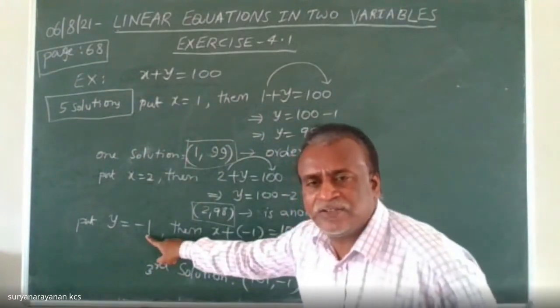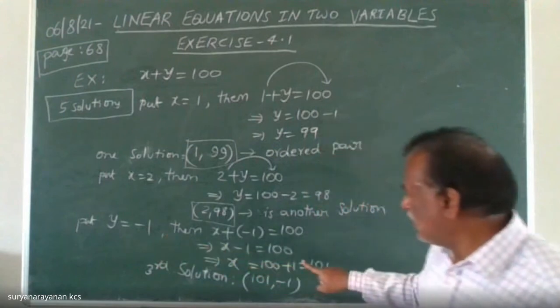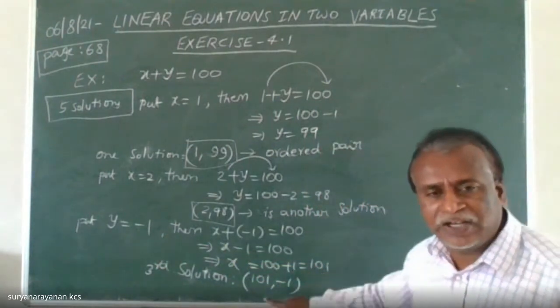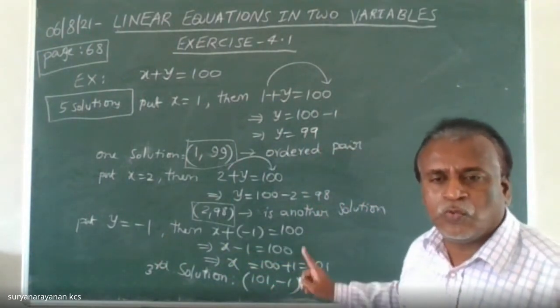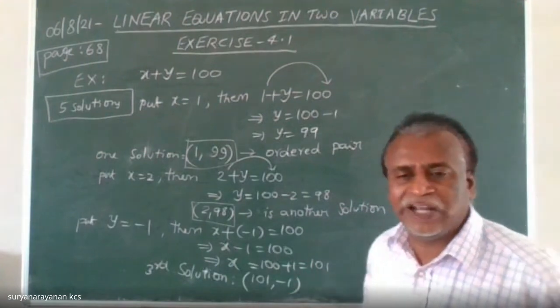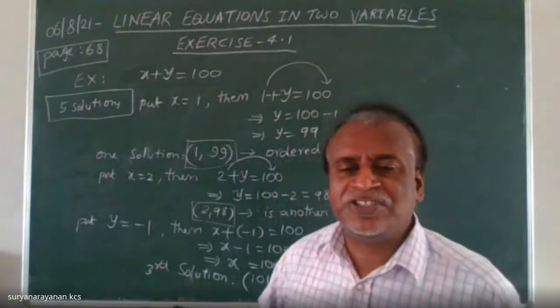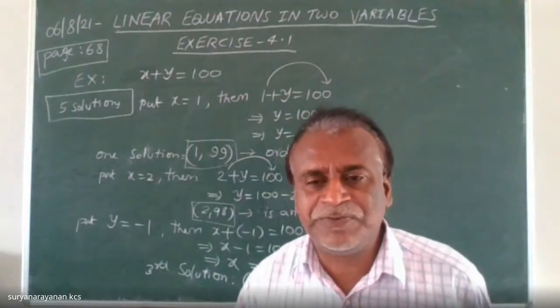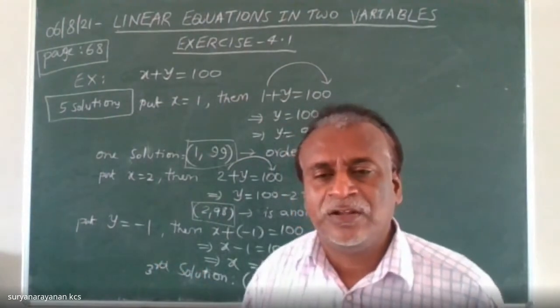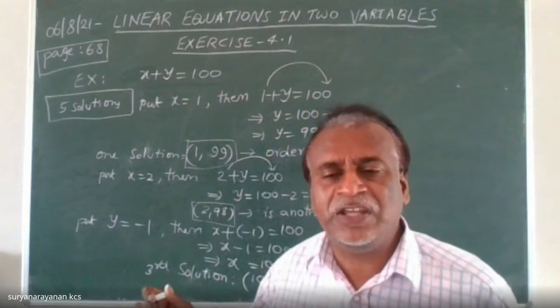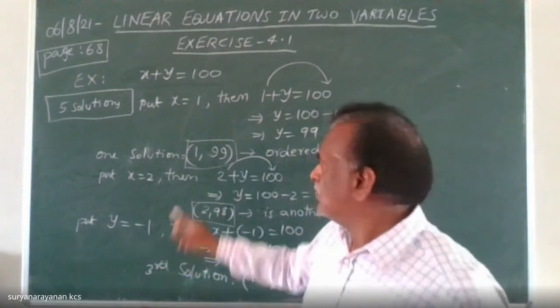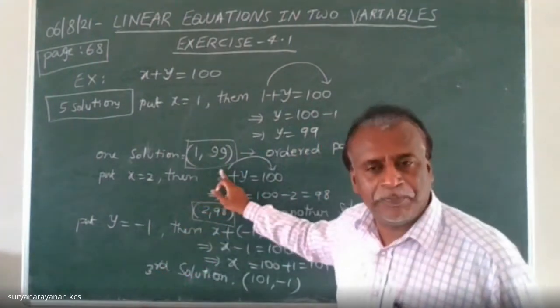This number is the y value. This number is the x value. So we should write 101 comma 1. This is the third solution. Yes, we follow these steps when we are representing the solution of a linear equation in two variables in the form of an ordered pair.